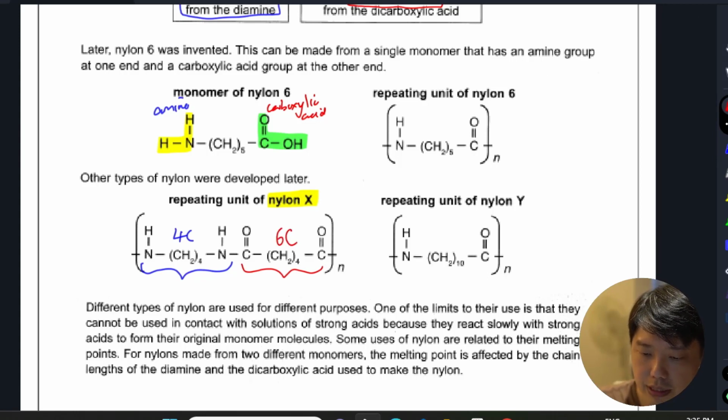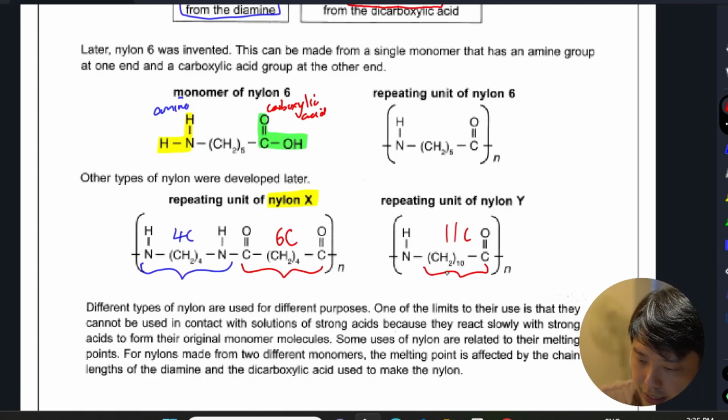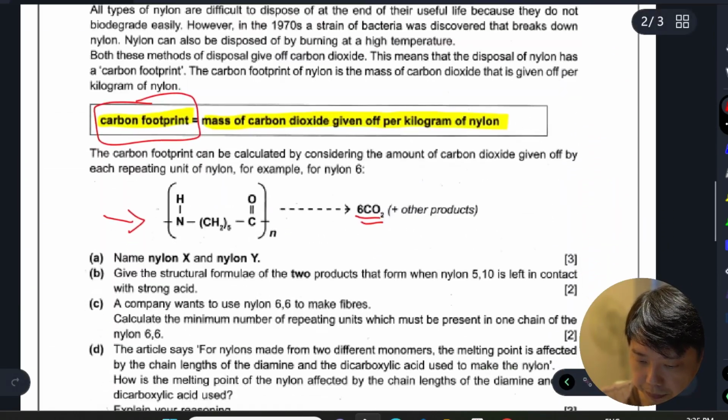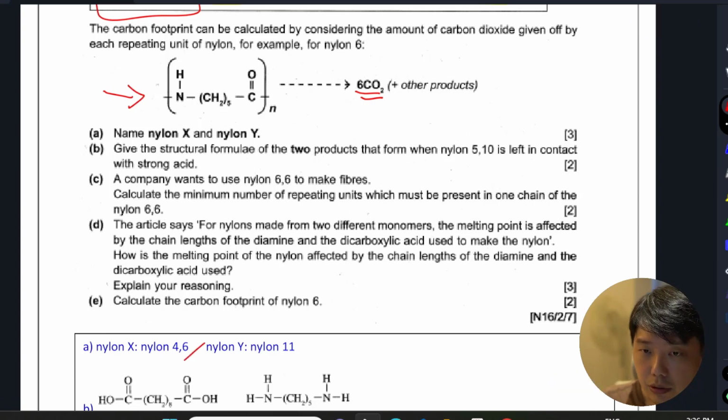A grand total of 6 carbons. So let's look at nylon Y. How many carbons are there in total? A grand total of 11 carbons. Let's write it properly: 10 here and 1 carbon here. Let's go back to the question. So that is indeed how we will write down nylon X and nylon Y.